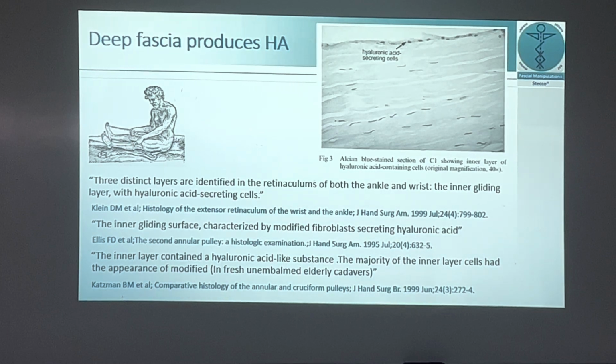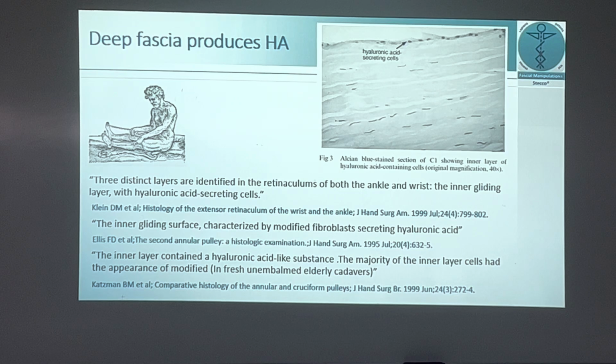So if it's a pulley and the tendon goes below the retinacula, there has to be a lubricant, otherwise you have friction. So they found that below the retinacula you have a lot of cells that produce hyaluronan. But we found that cell all over the body because you need the lubricant all over the body. And we call that cell fasciacytes. Cells of fascia.